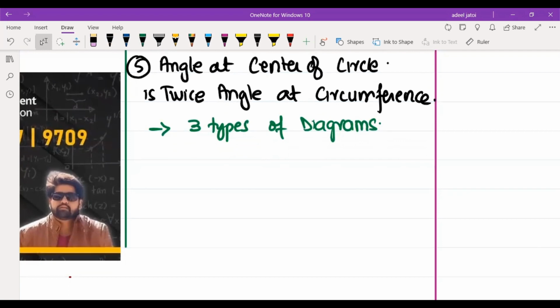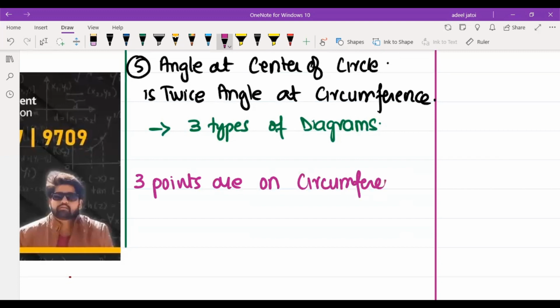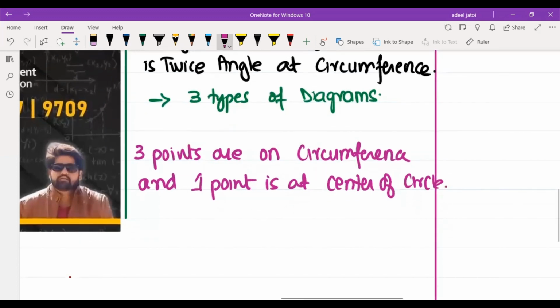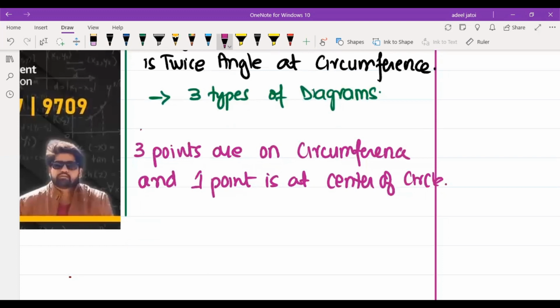The three types of diagram have a common thing, which is that 3 points are on the circumference and 1 point is at the center of the circle. This is the first common thing.